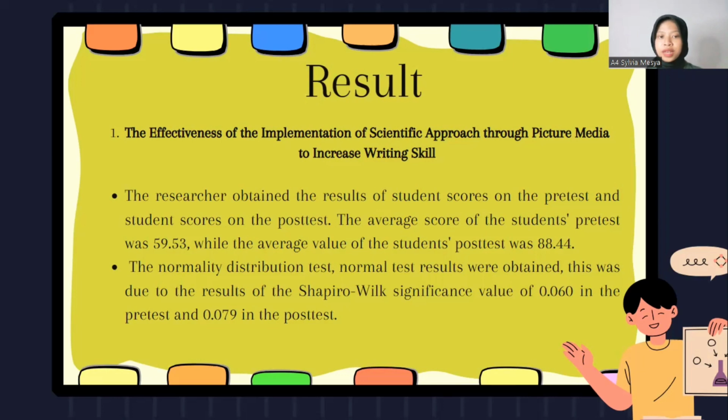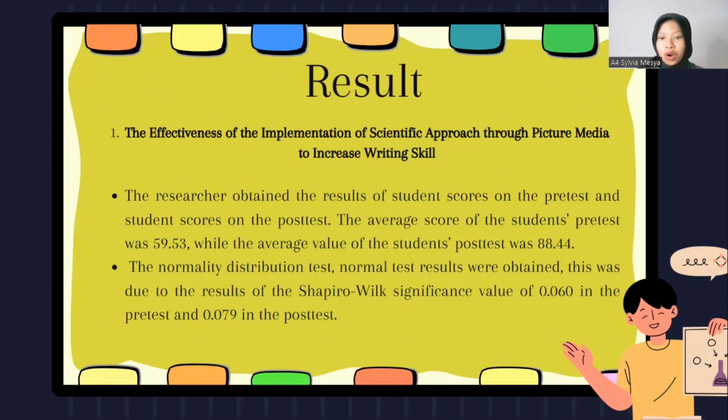So, here are the results. First, the effectiveness of the implementation of the scientific approach through picture media to increase writing skill. This is the result which answers research question number 1. First point, the researcher obtained the student scores on the pre-test and on the post-test.